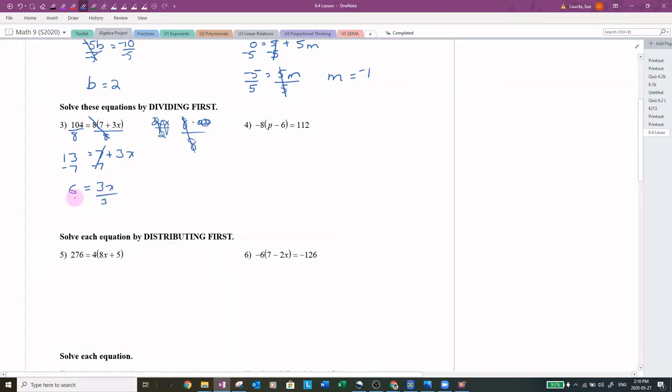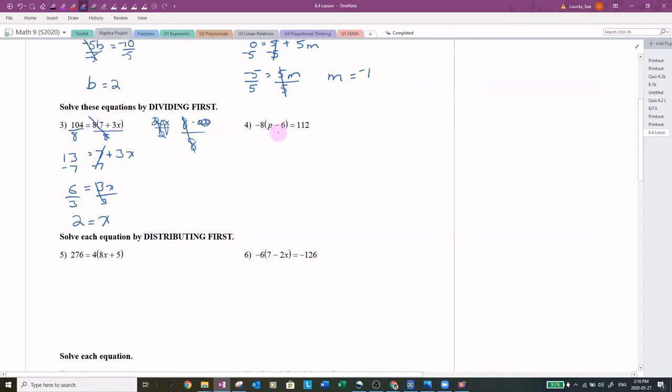Divide that by 3, divide by 3, and I have 2 equals x. All right. Just a note, you cannot do anything with the 7 or the 3x. You can't subtract 3x or divide by 7 or subtract 7 or anything until you get rid of that 8 that's outside the brackets. Okay?